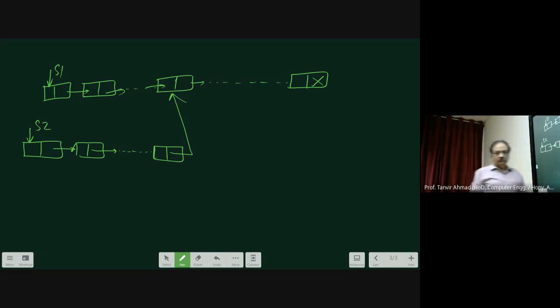Something like this, where there are, say, some nodes. Now here S1 to that meeting node. Now this is the meeting node.